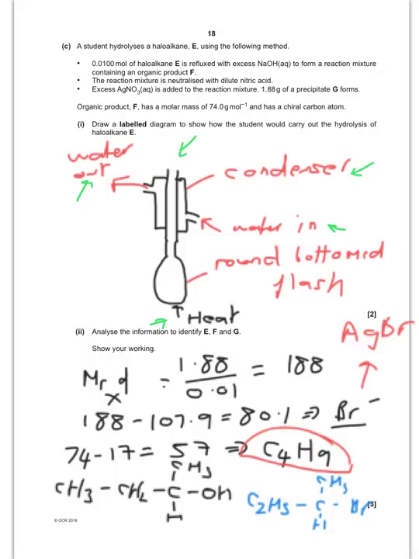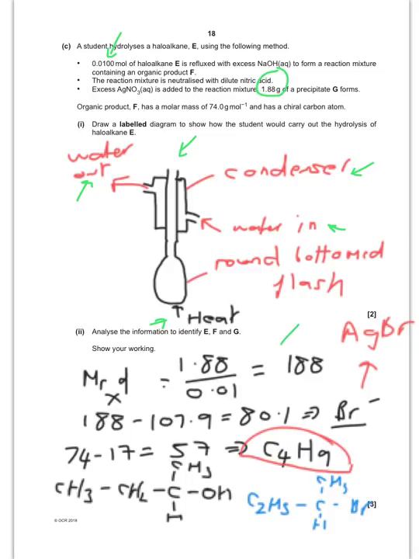So now we've got to identify E, F, and G. So they told us that the organic product F has a molar mass of 74, and when you add excess silver nitrate, you form 1.88 grams of precipitate G. And you know that this will be equal to 0.01 mole, because that's the number of moles of haloalkane you started with.